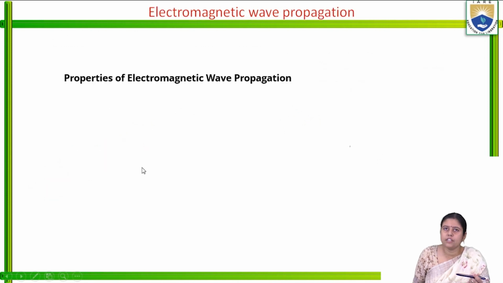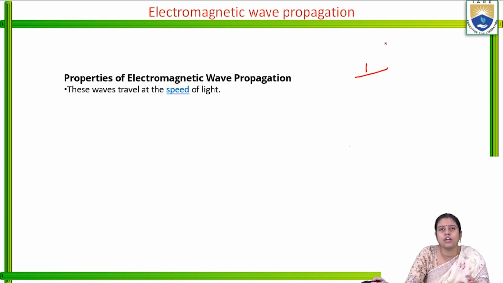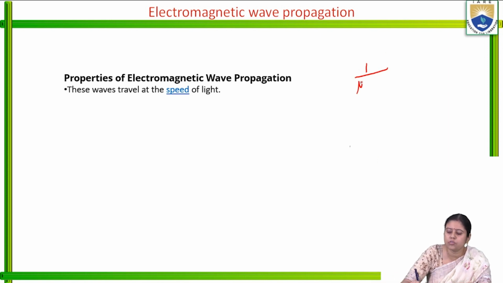So what are the properties of electromagnetic wave propagation? First of all, the wave travels at the speed of light. When any wave goes on in space, there are two things. One is mu naught and one is epsilon naught.